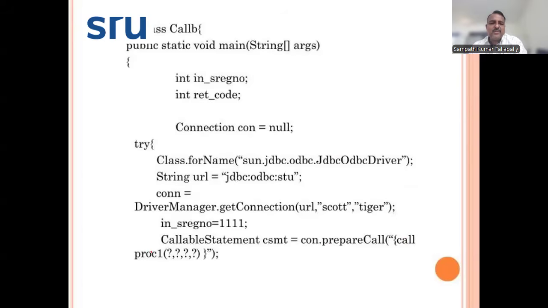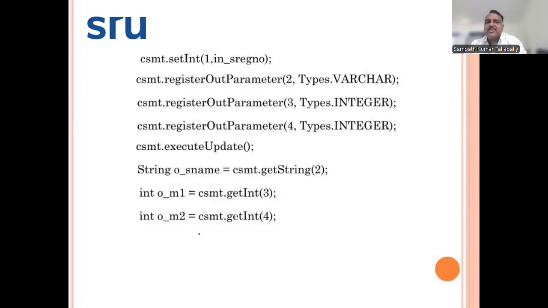Whenever I want to call this method, I use my call, and then I use my procedure name, where we need to supply some arguments. By supplying the arguments, I call that method, and obviously it will be executed in the backend.